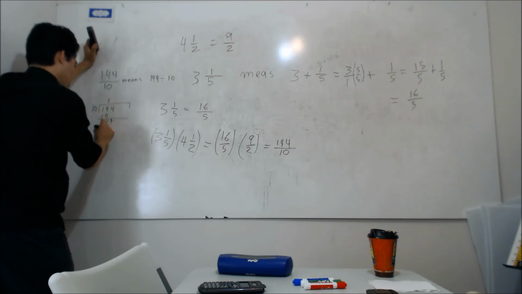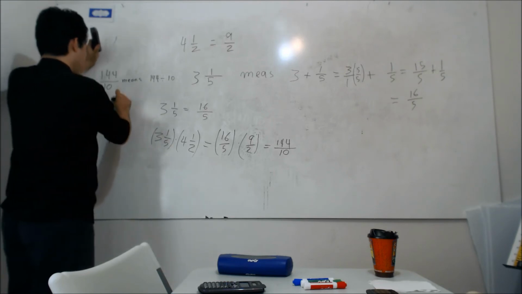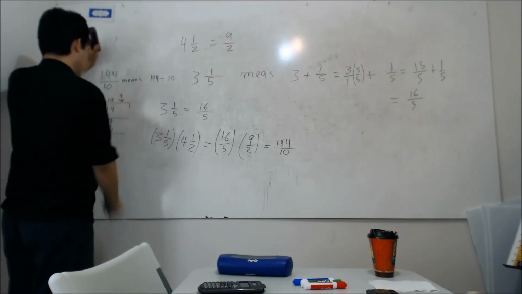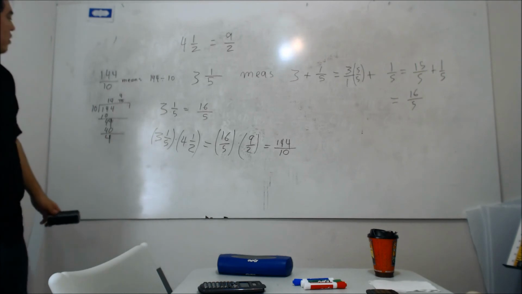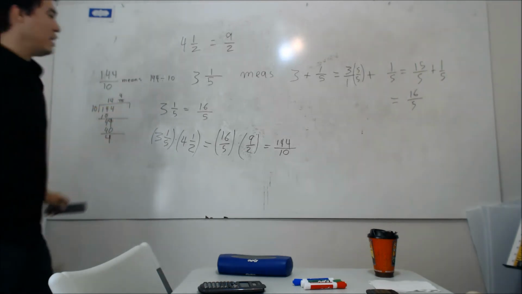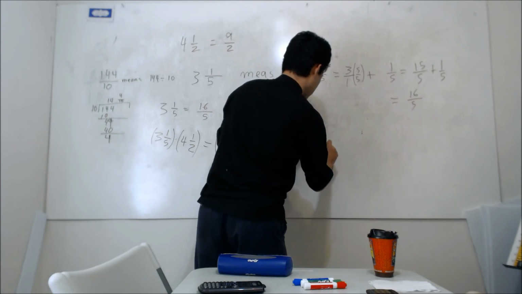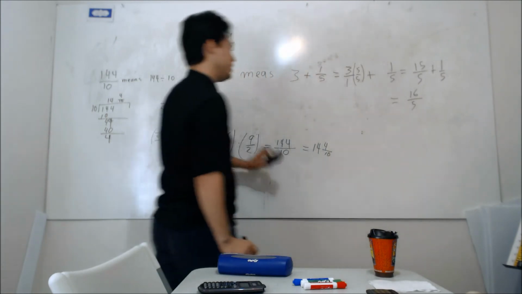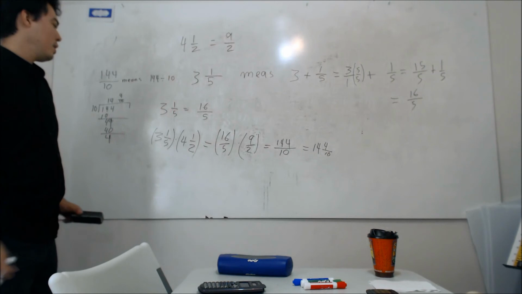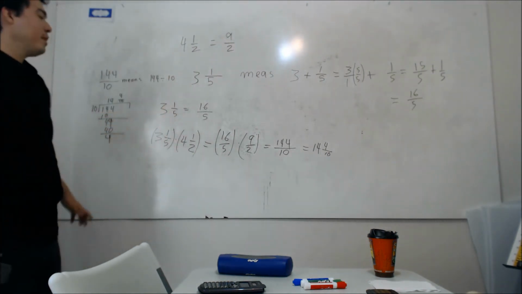You get 44, right? So 4, you get 40, and you get remainder 4, right? So you get 4 tenths. So it's 14 and 4 tenths. So let's leave it like that. That's much nicer. And so that's the product.